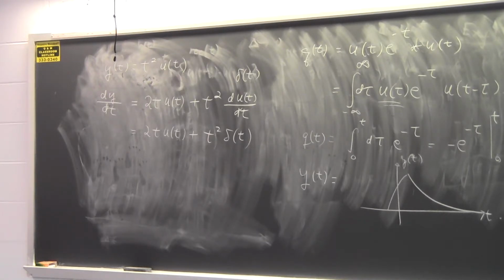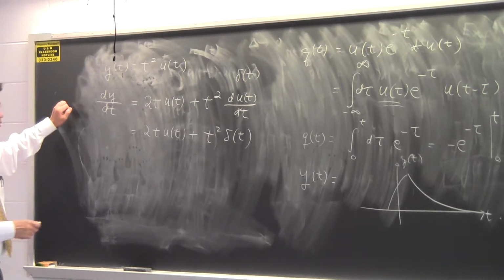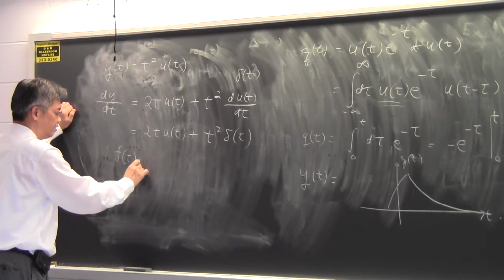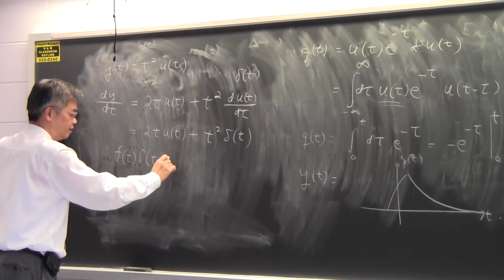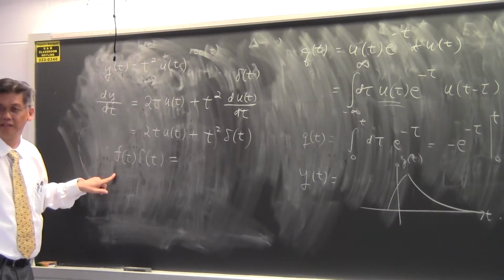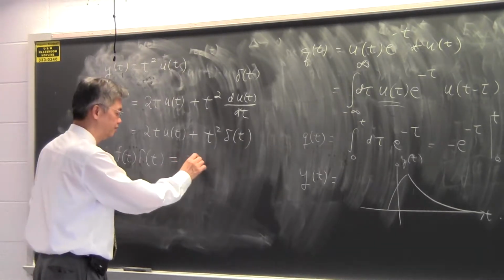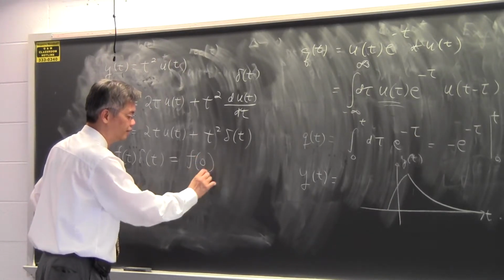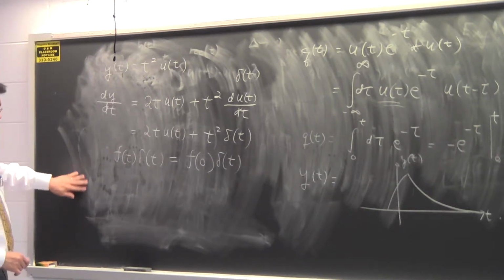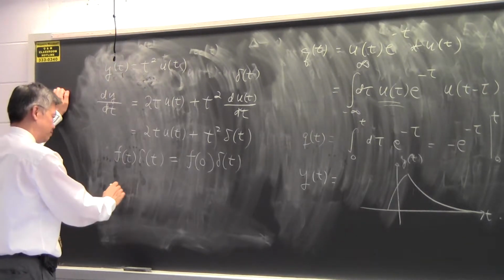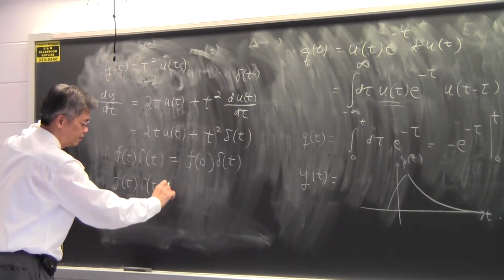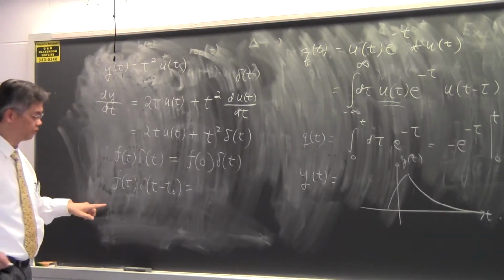But you have one more piece of knowledge to invoke, which is that f of t multiplied by delta t is always equal to what? F of 0, t equal to 0, and don't forget this thing, okay? That's, I think, called the sampling property. For f of t times delta t minus t0 is equal to what?